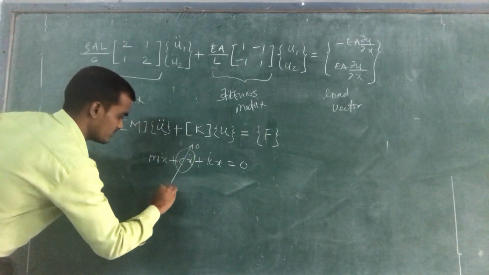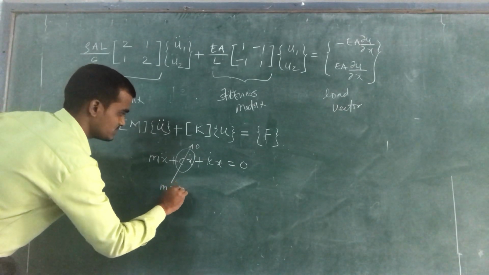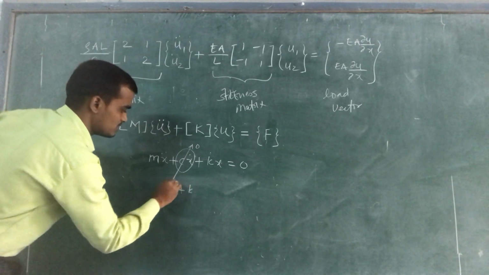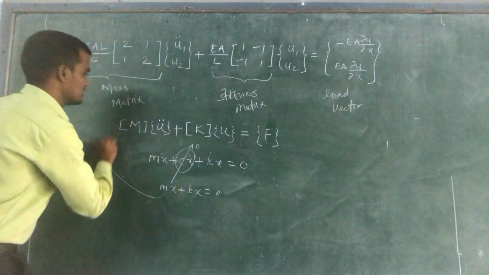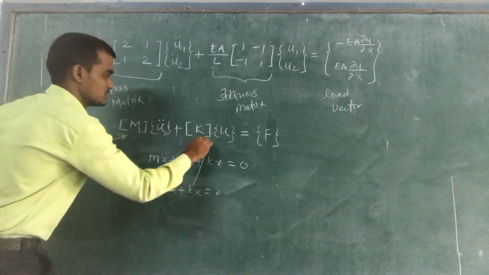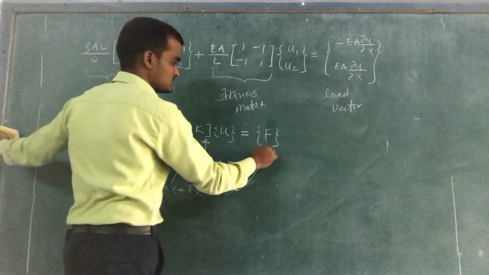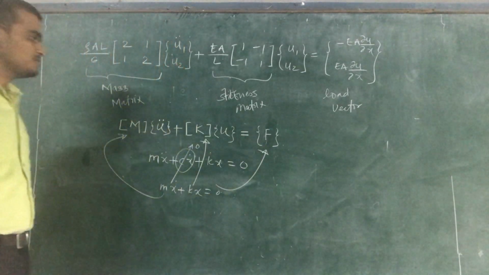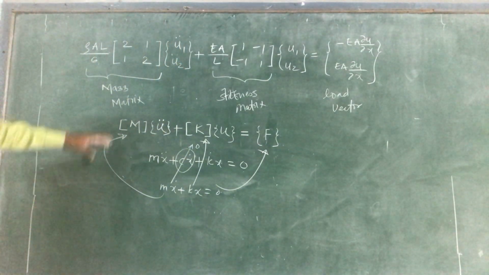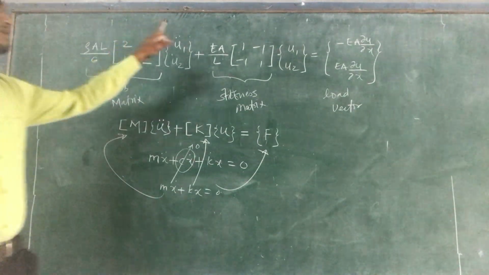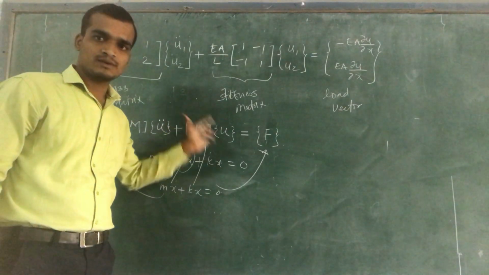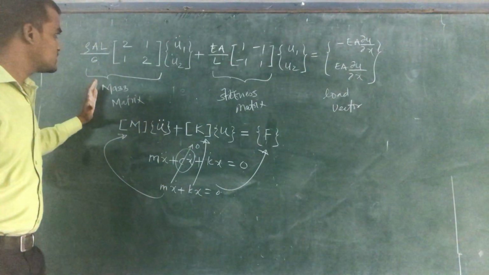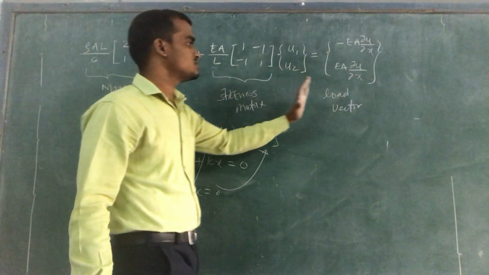So for undamped free vibration, the equation will become m x double dot plus K x is equal to 0. This is your mass matrix, this is your stiffness matrix, and this is your load vector. In this way we have derived the elemental mass matrix and also the elemental stiffness matrix for this rod.